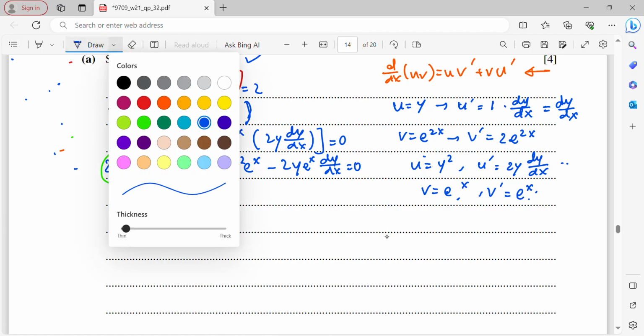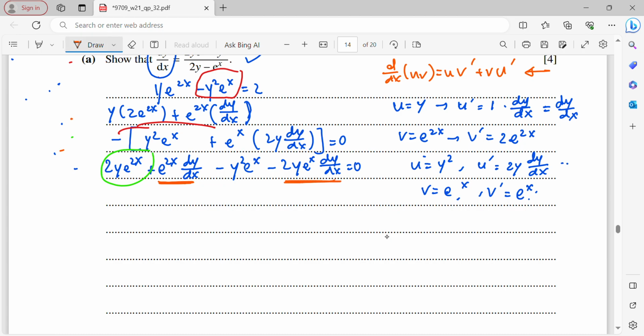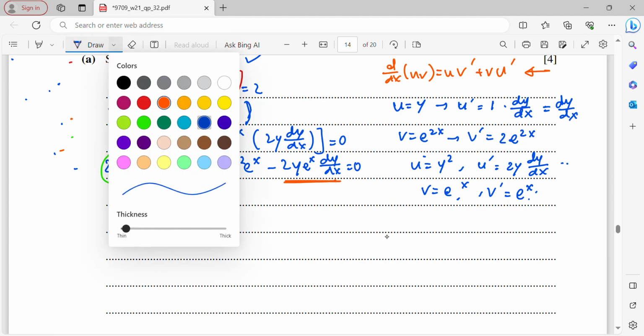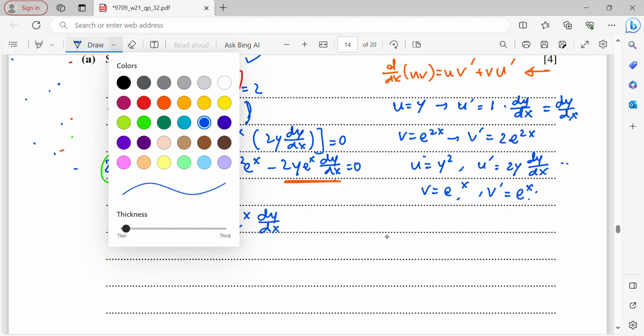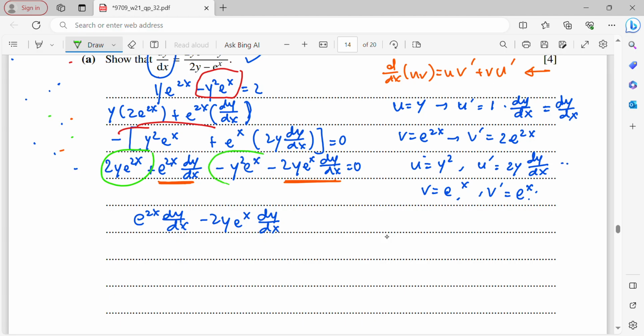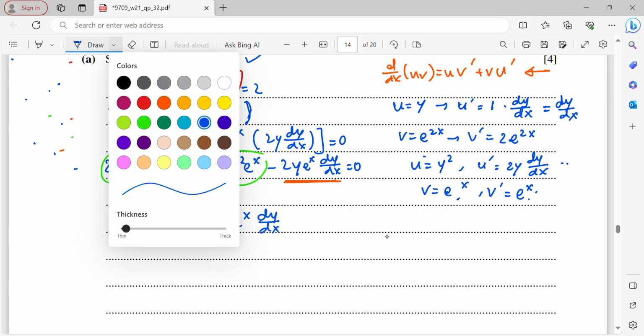So it means that now I combine these two terms. Okay, I rewrite, then I will get e^2x dy/dx minus 2y dy/dx. So the other two terms will be moved to the right side. Okay, the green one will be moved to the right side.